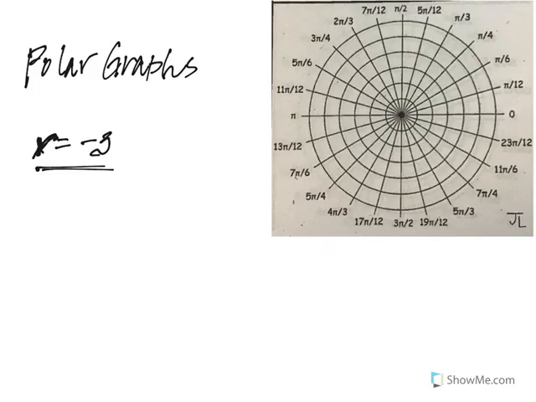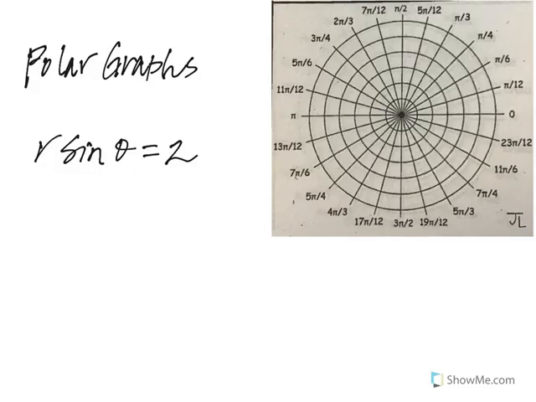So I'm pointing in the 0 direction, I back the truck up 3 units. That puts me right here. And then as I increase my theta from 0 to pi over 2 to pi, I'm just going to begin to trace out this circle right here. So it's a circle with a radius of 3. And that's that graph.